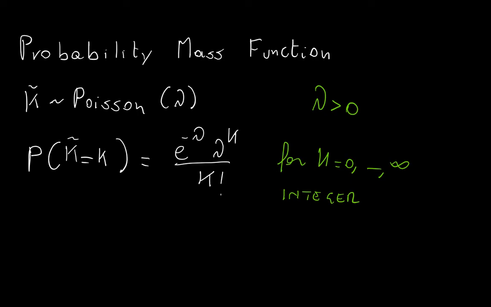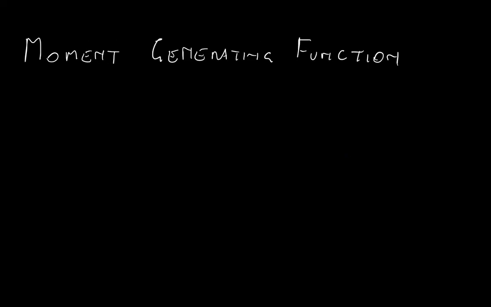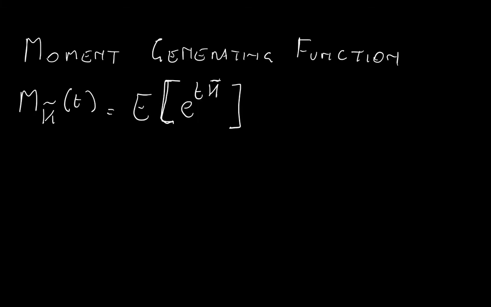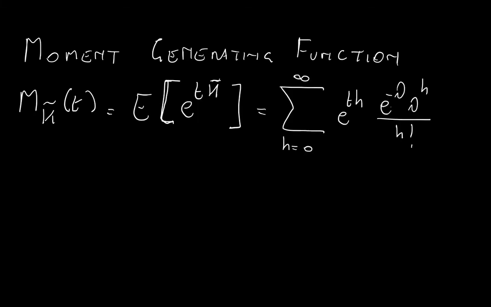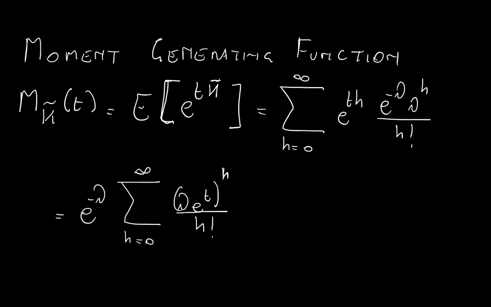So at this point we are able to get the moment generating function, which is the expected value of the exponential of the product between t, which is positive, strictly positive, and the random variable of interest. Therefore, we get this summation. A smart thing to do is to take out what does not depend on the index k.